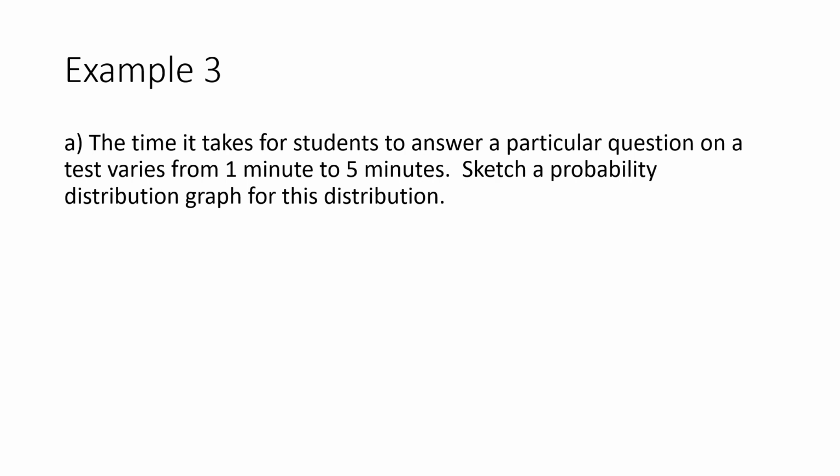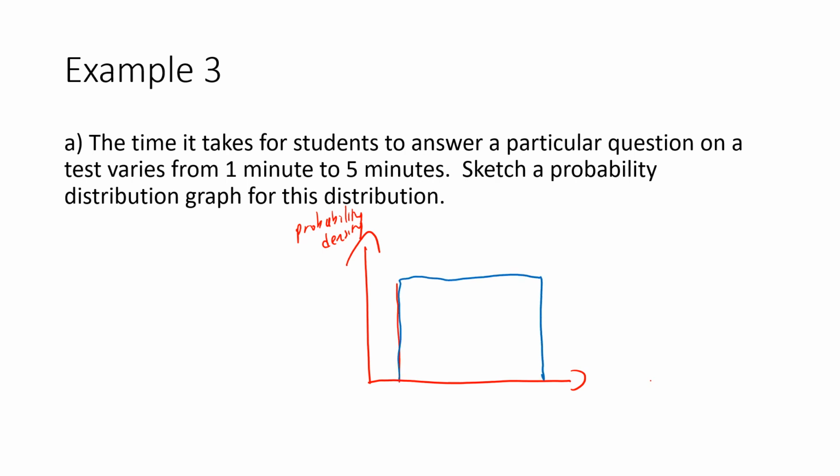Okay, example 3 says, the time it takes for students to answer a particular question on the test varies from 1 minute to 5 minutes. Sketch a probability distribution graph for this distribution. So, like so, it's the probability density. So we can just sketch something very, very basic. Okay, so this right here.